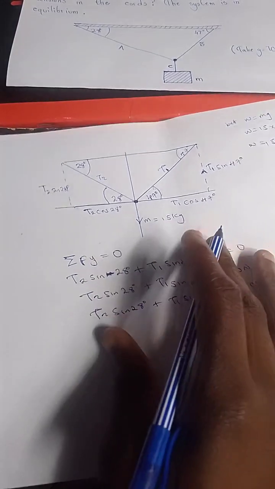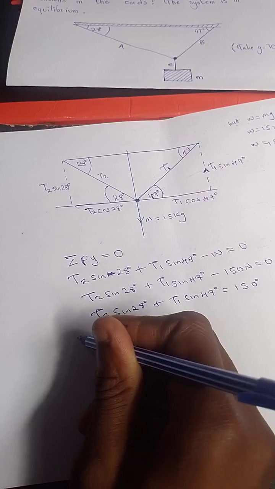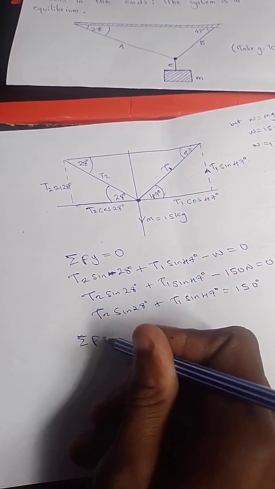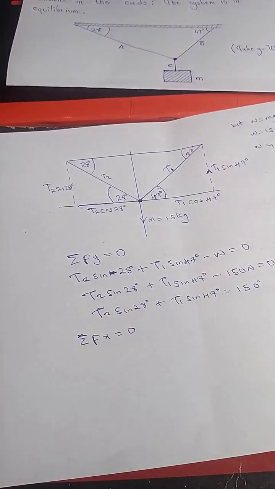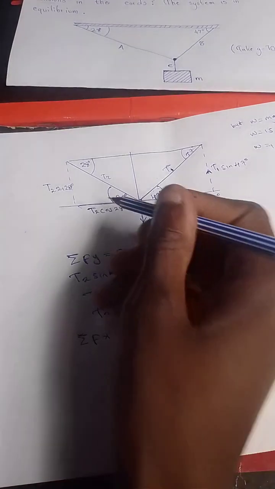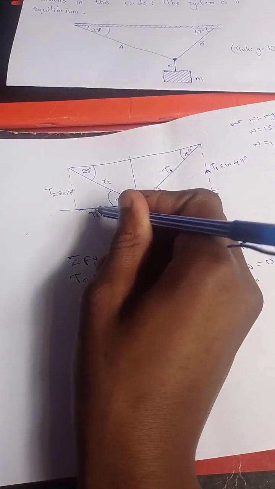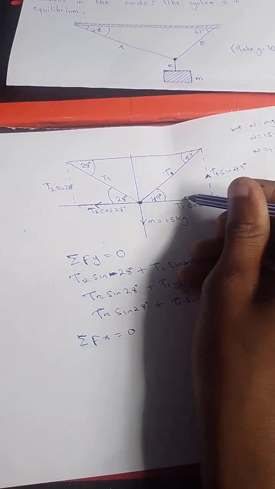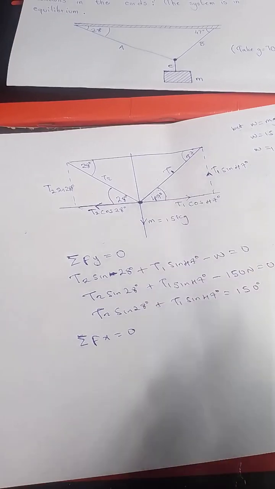Let's also find out what the summation in the x is. The summation in the x should also be equal to 0. Now, which forces are acting in the x? We have the force that is pulling the diagram to this side, and another force which is pulling the diagram to the other side.